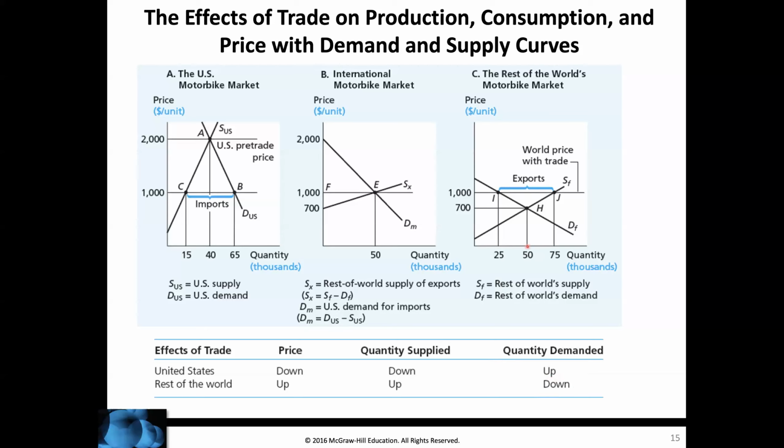It went down from 50 down to 25 because of that increase in price. And so we can see how this affects both countries, but there are some benefits to both countries. In the US, consumers are able to buy at a cheaper price. In the world, more can be produced and exported to the US for a profit.